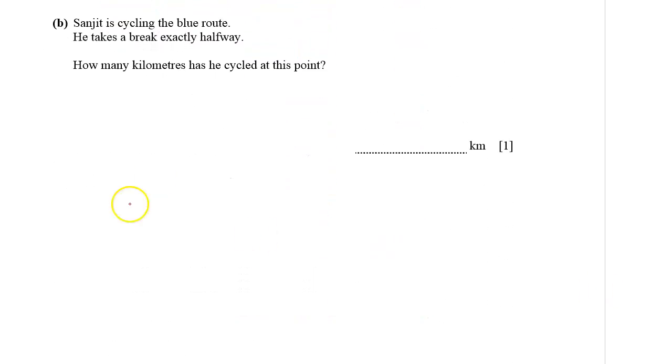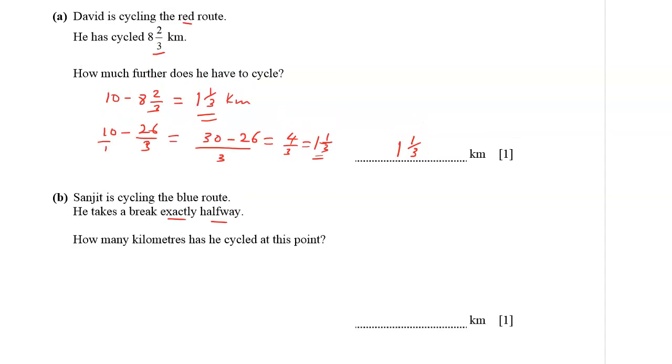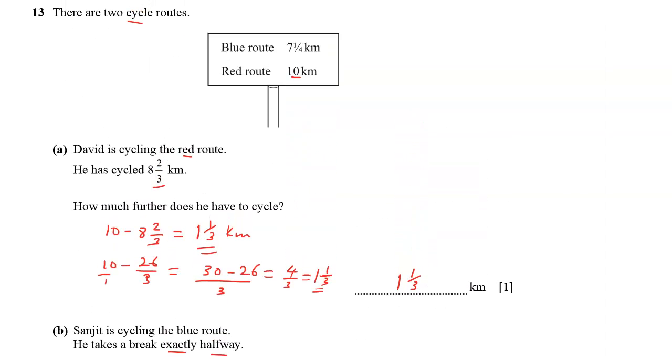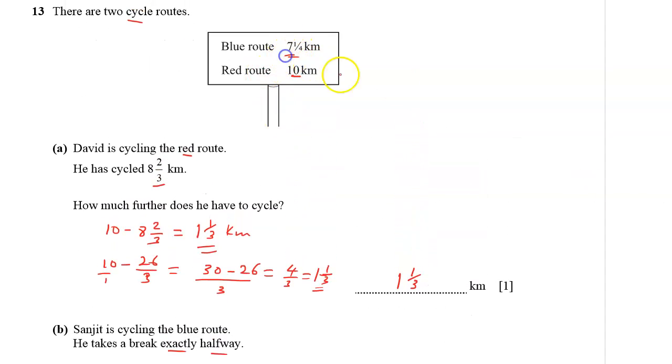Part B. Sajid is cycling the blue route. He takes a break exactly halfway. How many kilometers has he cycled at this point? Blue route, if you remember, is 7¼. Could take you back there. 7¼ blue route.